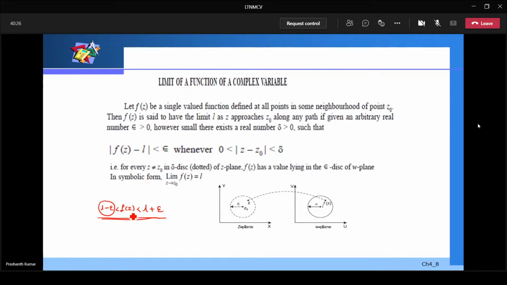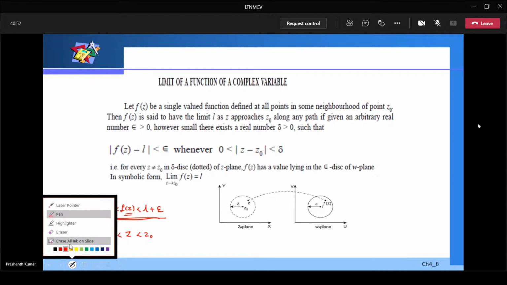Okay. So what is this f of z? When will it occur, do you know? This z lies between z naught minus delta and z naught plus delta.